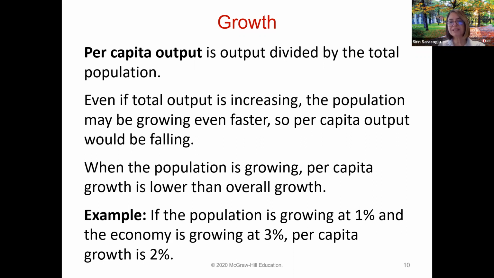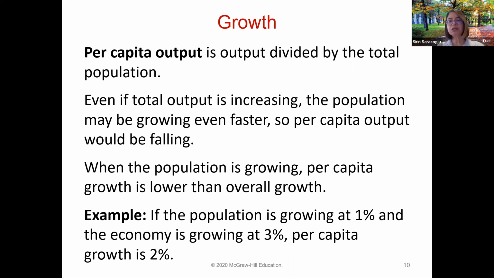So the standards of living or the welfare of the individuals will be measured through the increase in per capita output. Even if you have increasing total output or GDP, the population may be growing faster than that, which will mean that per capita output will be declining.